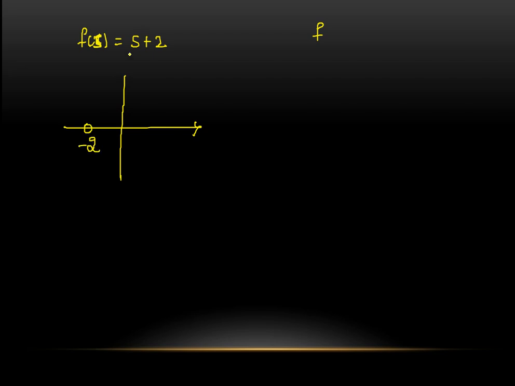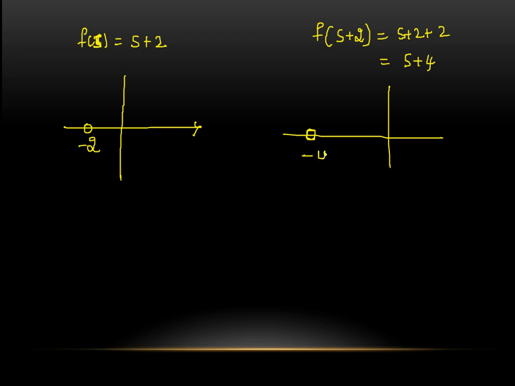For example, if you replace the s with s plus 2, then the function will become s plus 2 plus 2, that means s plus 4. S plus 4 means the point will move to minus 4.